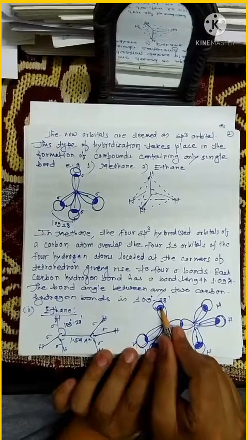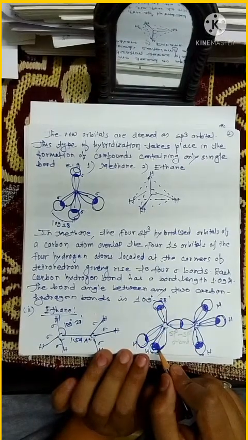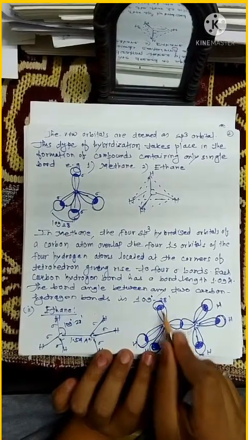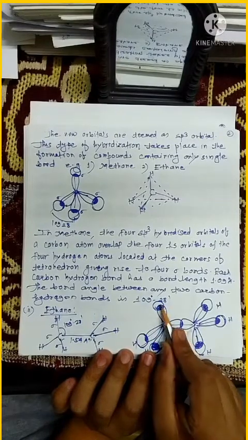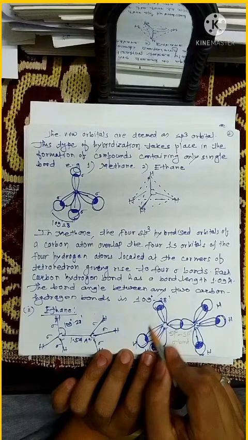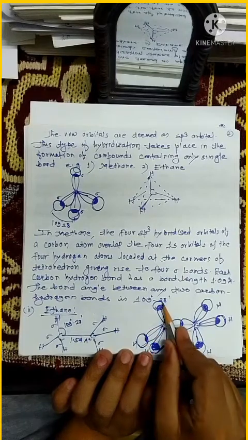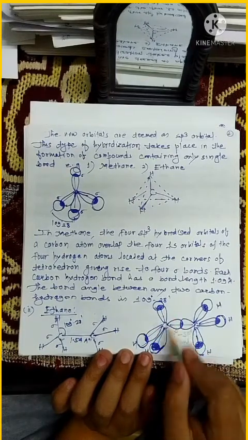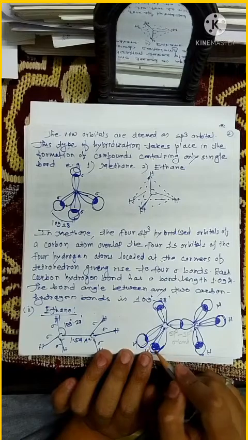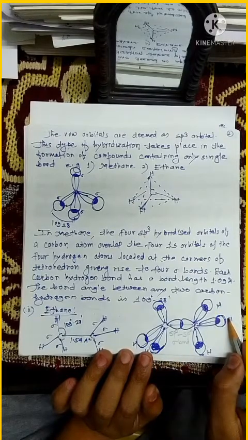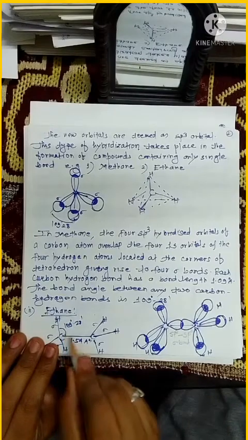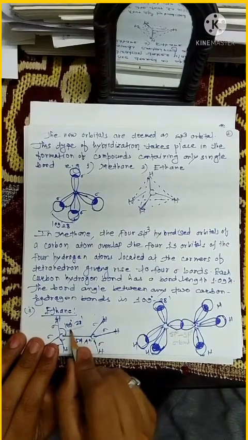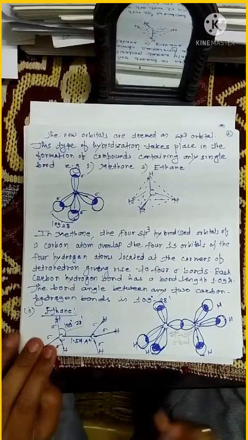In this case, here and here, 3 hybrid orbitals overlap with the s orbital of hydrogen, again forming a sigma bond with the hydrogen atom. Same case is here. The bond angle is 109 degree 28 minute in this case.